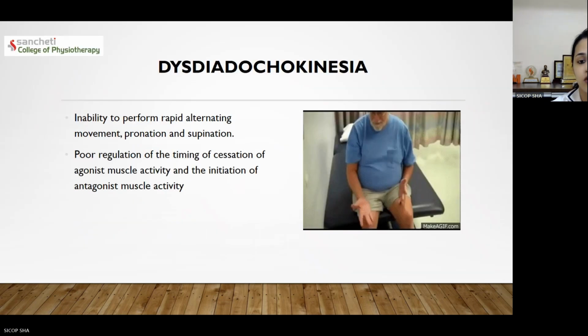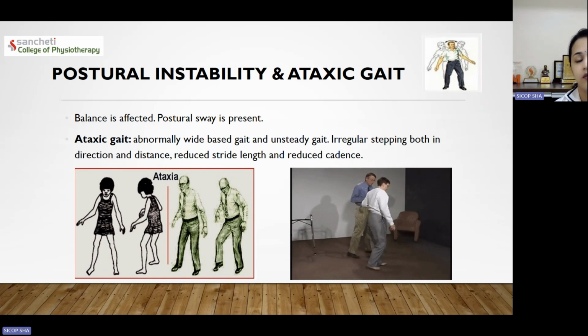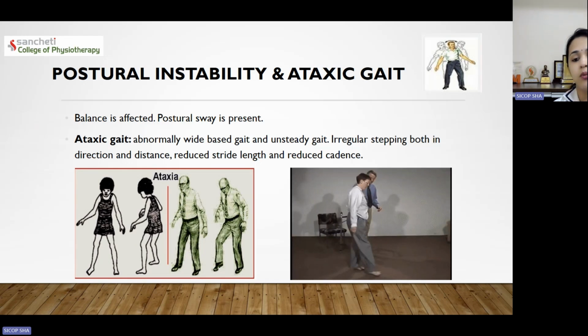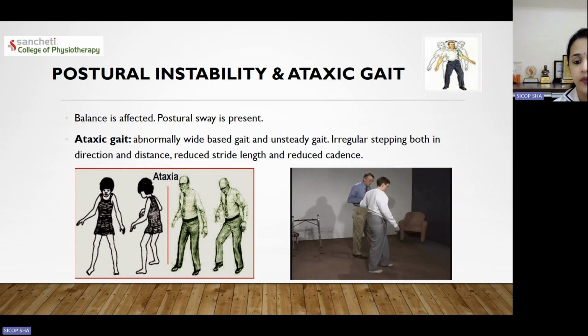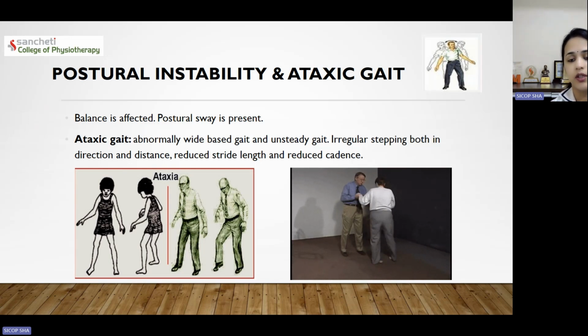Okay, so when the ataxia affects the postural muscle, there is going to be postural sway. Okay, ataxic patients are not able to stand steady even with the eyes open or eyes closed. Okay, they are constantly swaying.